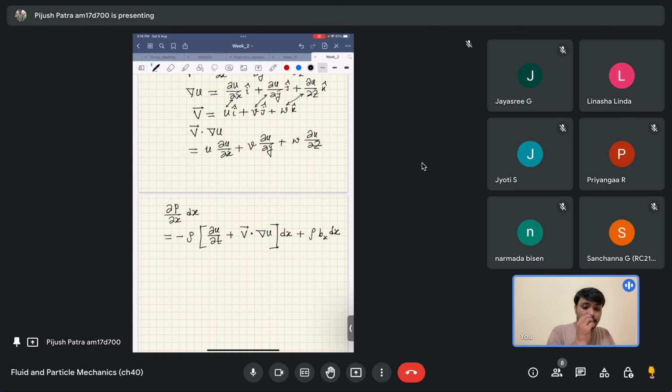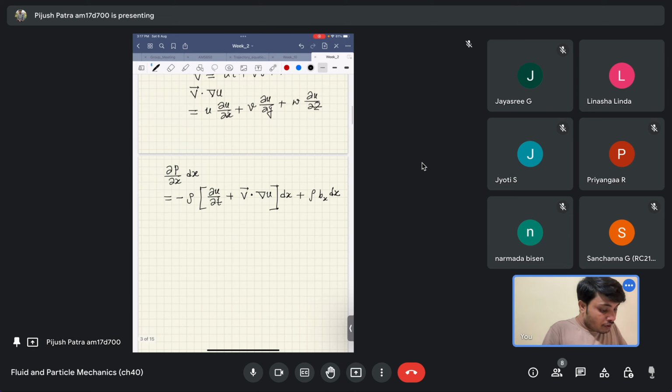So far this is clear, right? Now in the similar way, what will be the ∂p/∂y into dy?